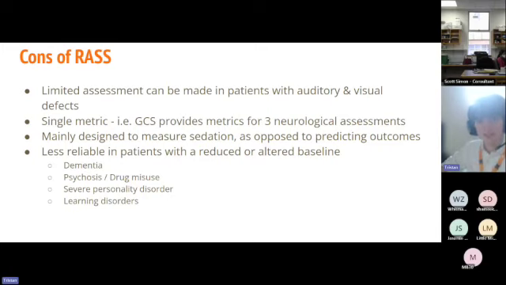Because it's mainly designed to measure sedation, it doesn't necessarily predict outcomes in patients, which you might use GCS to do a bit more of. And it's also less reliable in patients, again with the auditory and visual impairments, but also if they have an altered baseline. So if they've got an underlying dementia or psychosis, or some psychosis related to drug misuse, personality disorders where they could become outwardly aggressive, or learning disorders.